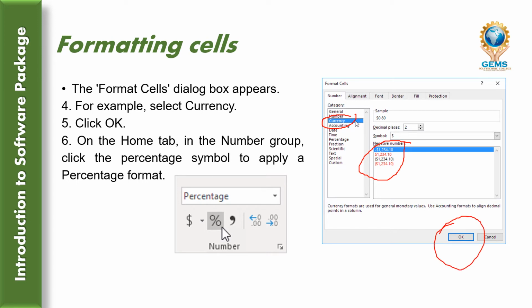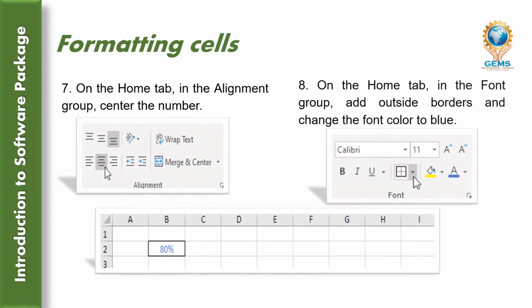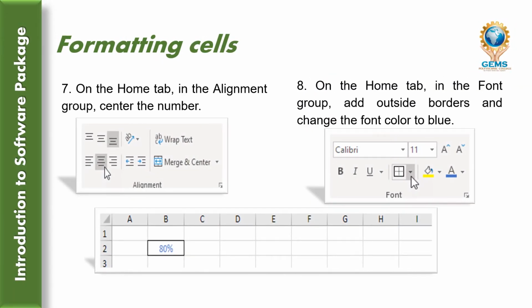On the Home tab, in the Number group, for example, you can click the percentage symbol to apply the percentage format. And also you can use the alignment group, center.